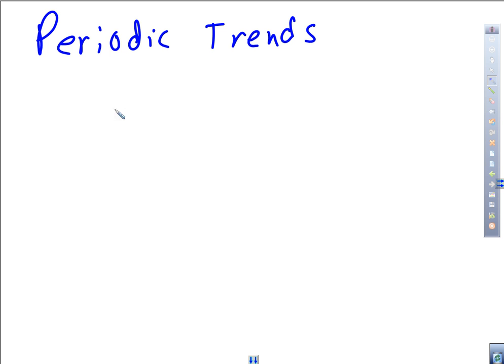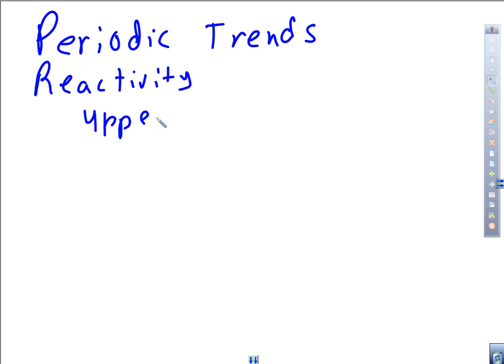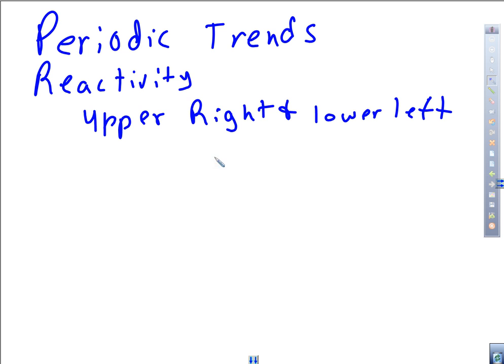Alright. So one more thing. Reactivity. That is the upper right and lower left. So which element is in the upper right-hand corner? Does helium react with anything? No. Does neon react with anything?